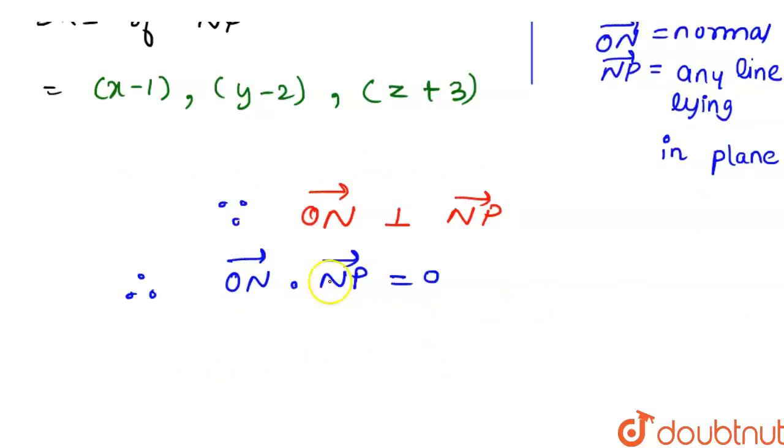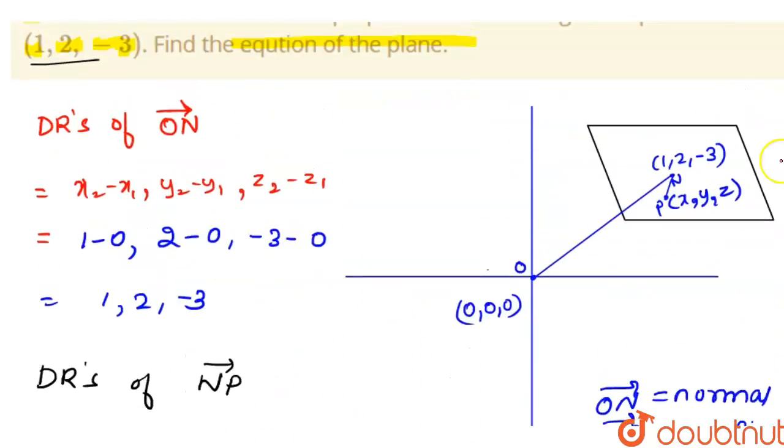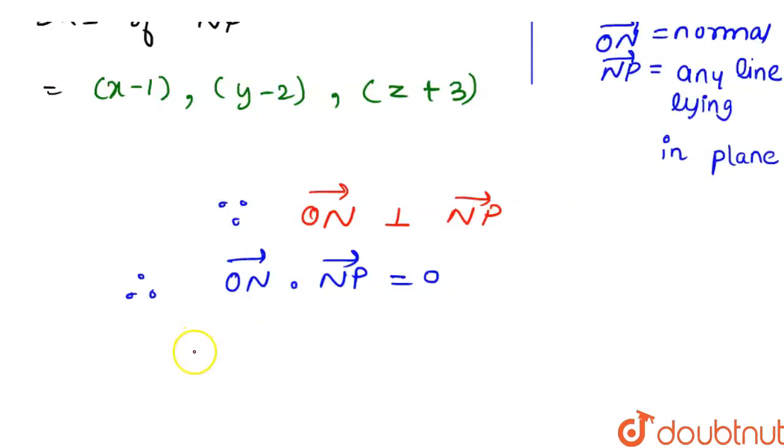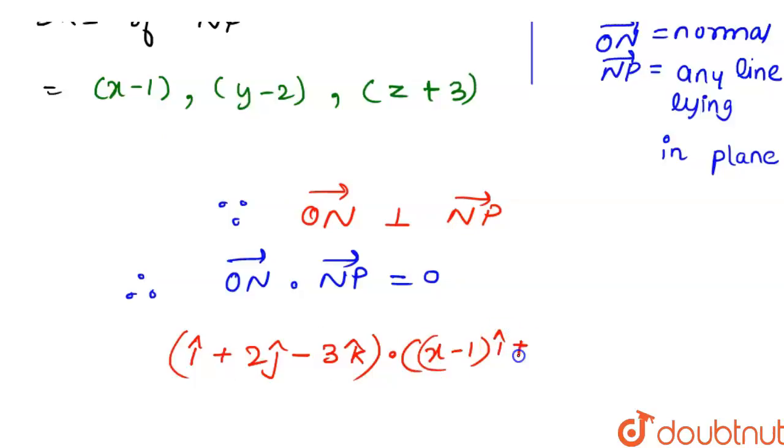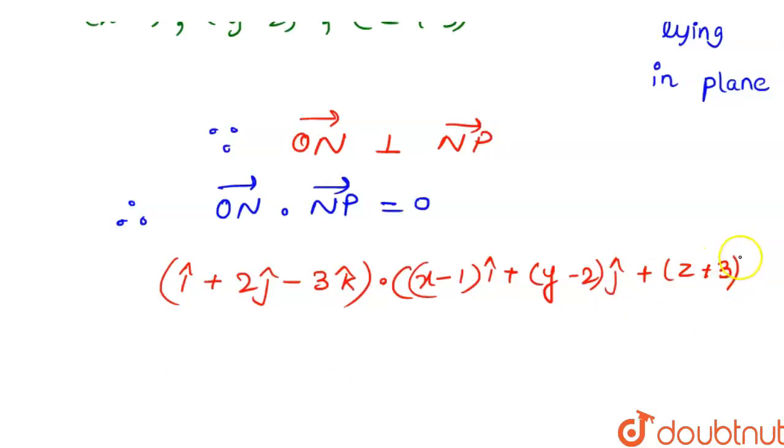Vector ON will be the direction ratio vector 1, 2, -3. We have to write it in terms of vectors to take the dot product. For NP it will be (x minus 1) i cap plus (y minus 2) j cap plus (z plus 3) k cap, equals 0.